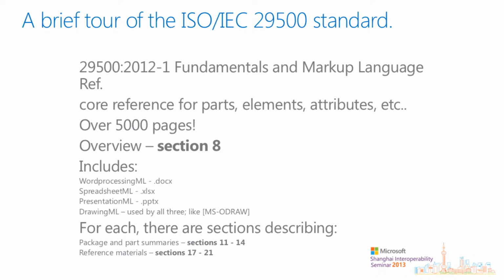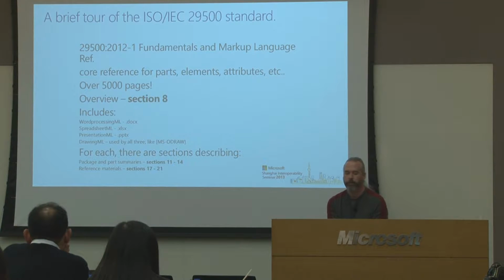So as we mentioned in the last slide, the first part contains the fundamentals of the strict conformance of the actual markup languages for WordprocessingML, SpreadsheetML, and PresentationML. It contains over 5,000 pages, so this first part is very, very large.